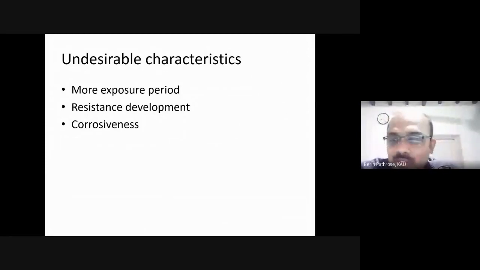Then resistance development. Another drawback for aluminum phosphide is that insects quickly develop resistance to it. So resistance development is a major problem. If the insect develops resistance, that fumigant is of no use. Just like insecticides, insects also develop resistance to fumigants. So that is one undesirable character, and corrosiveness, which we have discussed earlier.